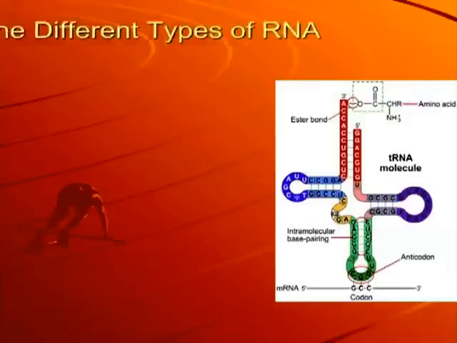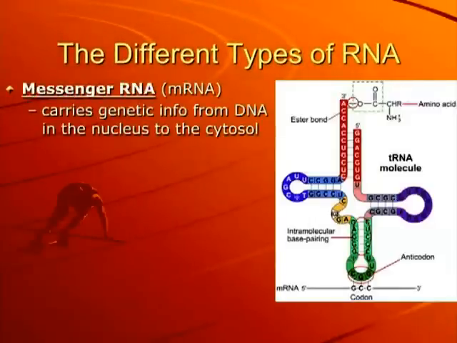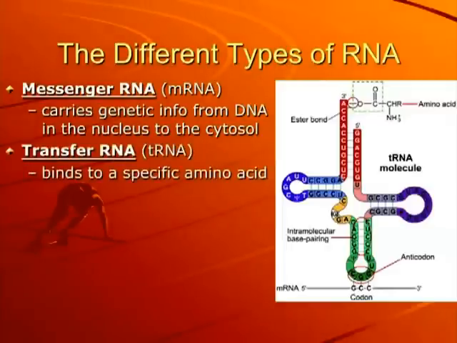Those 3 different types of RNA are messenger RNA, also known as mRNA, which is, as it's named, a messenger of DNA to the rest of the cell. So it carries the genetic information from DNA to the cytosol. tRNA, transfer RNA, is RNA that carries around an amino acid, which, if you remember, are the building blocks of proteins.